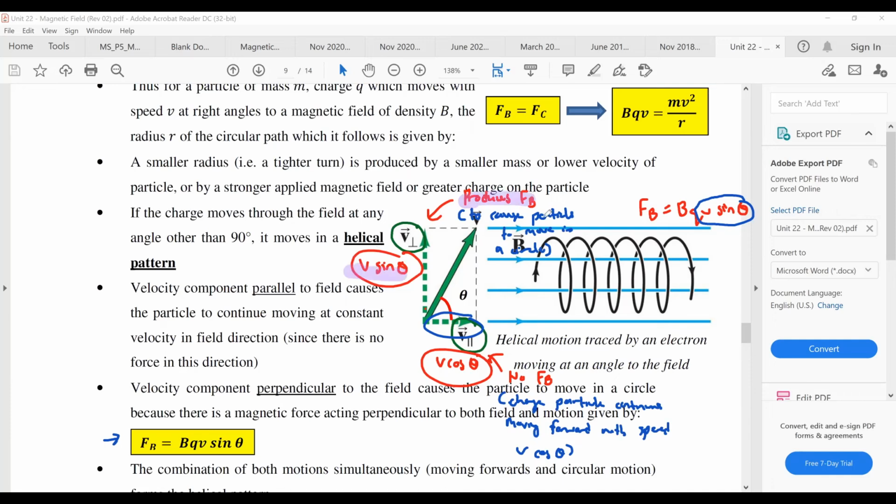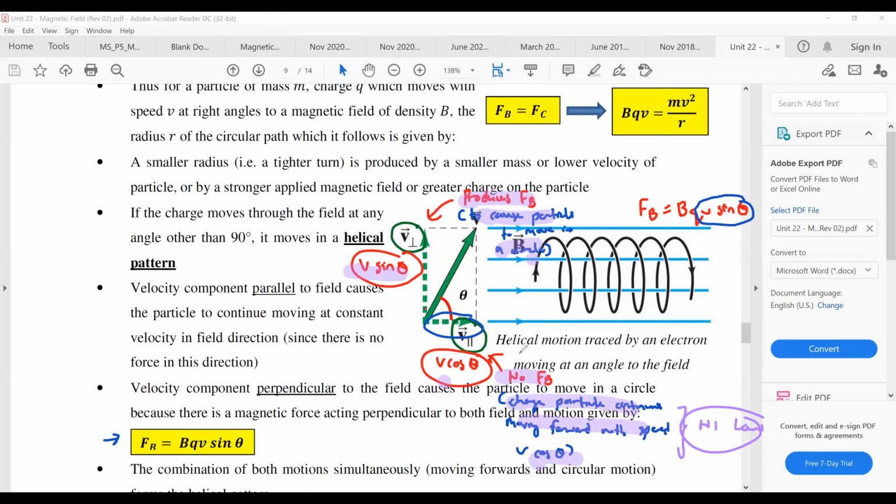So this part of your motion, the velocity perpendicular to the field, will cause you to move in a circle, but the velocity parallel to the field will cause you to continue moving forward with speed v cos theta because of Newton's first law. Without any resultant force, your charged particle will continue moving in a straight line with constant velocity or constant speed. At one end you're trying to move in a circle, and on the other end you're trying to keep moving forward.